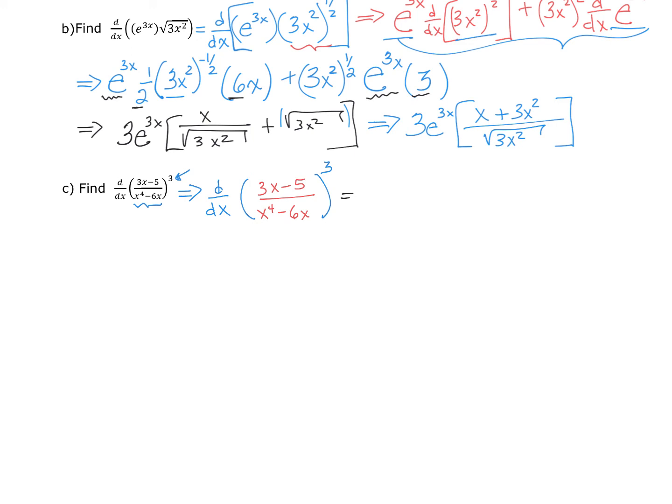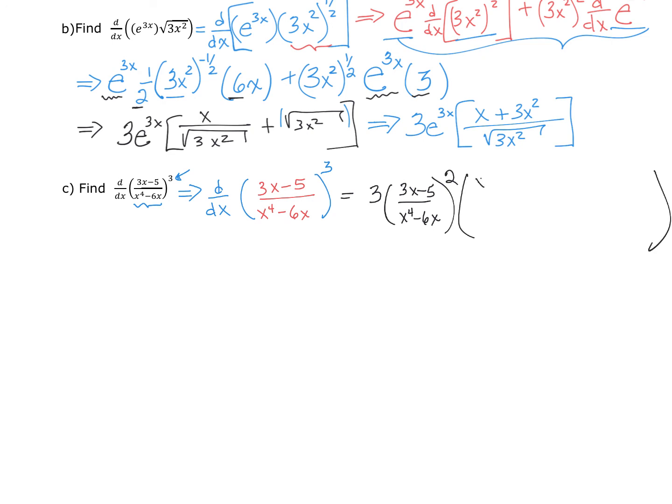So I'm going to say first, we'll take the derivative of the outside function, which is 3 times this expression, squared, and then the derivative of the inside, which is a quotient.